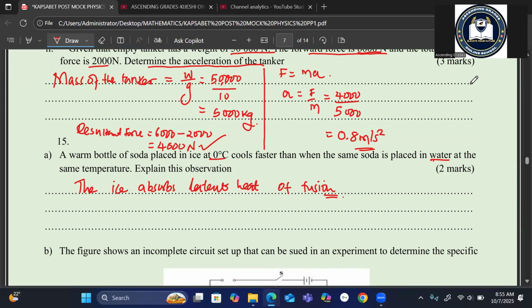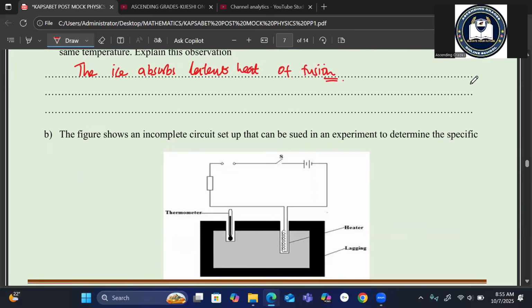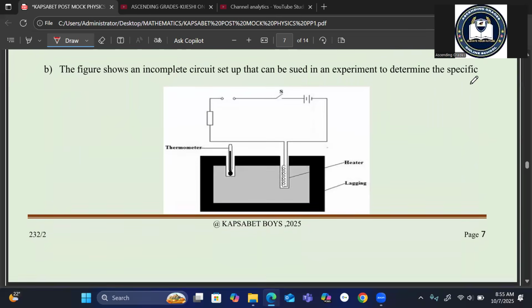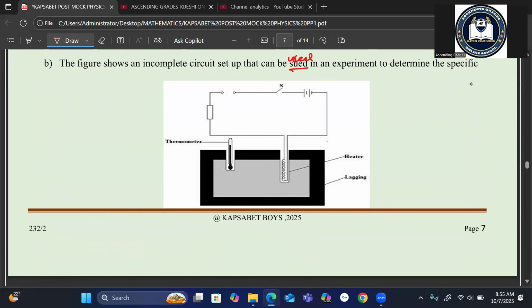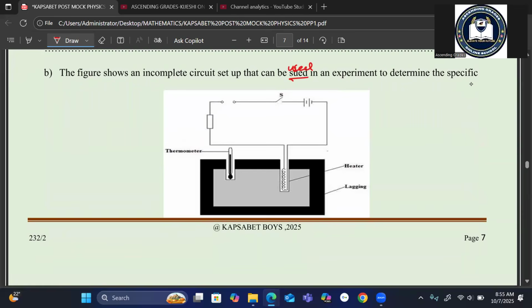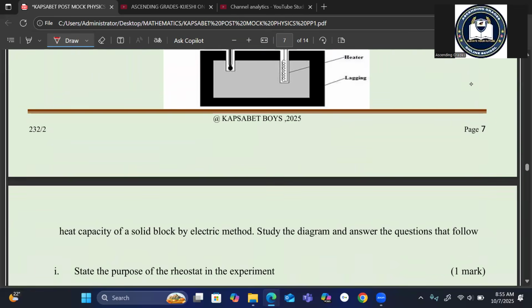We're having a certain figure here. The figure shows an incomplete circuit setup that can be used in an experiment to determine the specific heat capacity of a solid block by electric method.